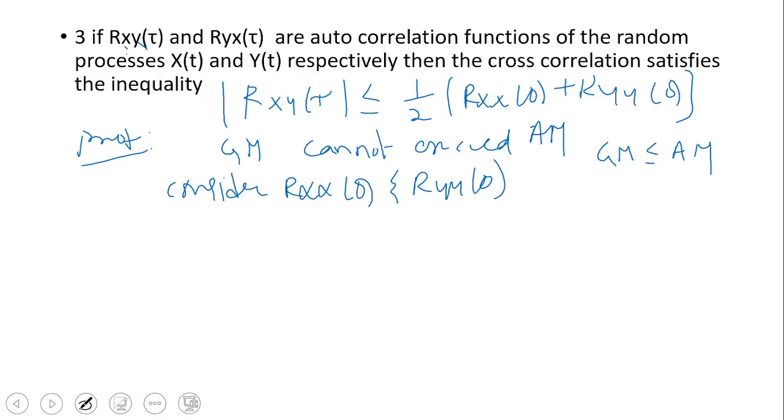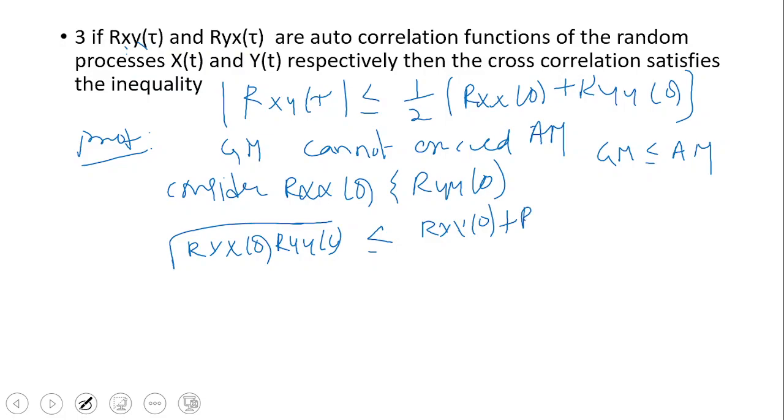So the geometric mean between those two, square root of Rxx of 0 Ryy of 0, is always less than or equal to the arithmetic mean, Rxx of 0 plus Ryy of 0 divided by 2. Take this as equation 1.